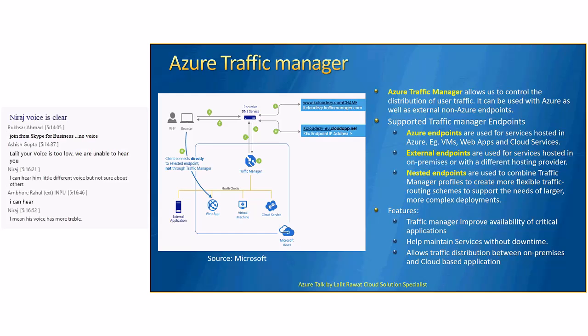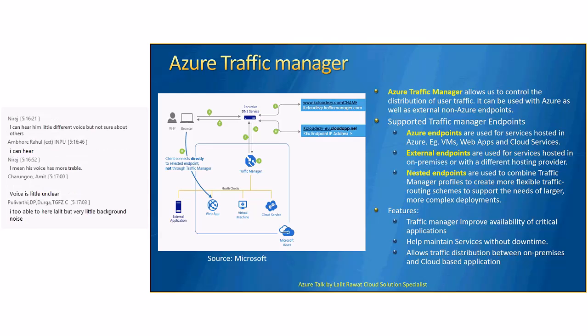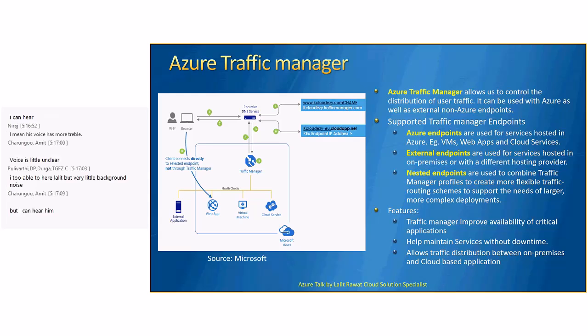In such an environment, you use the nested endpoint, so your environment will be flexible and work accordingly without harming anything. It also has a couple of features which help you to maintain your downtime, it allows on-premises and cloud applications based traffic routing, and you can manage and maintain your cloud availability through Azure Traffic Manager.